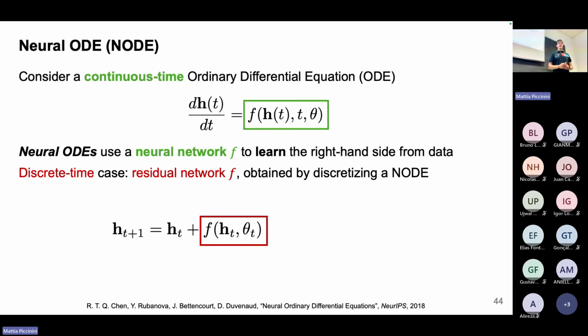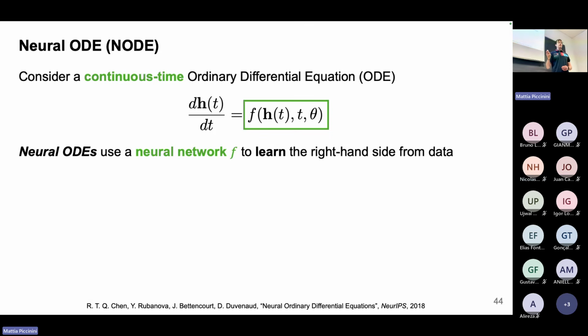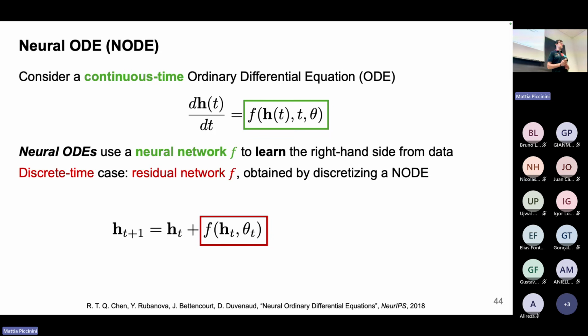But then the issue is, this is the continuous time version. There is also the discrete time version if we rewrite the ODE in discrete time. And this is commonly called a residual network. So it's still a neural ordinary differential equation, but in discrete time. And then it becomes a residual network, right?